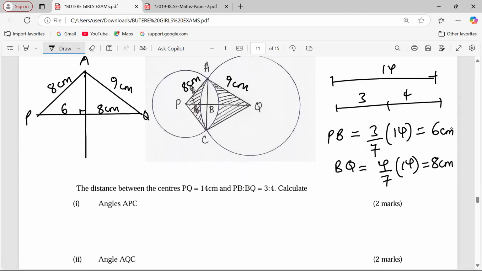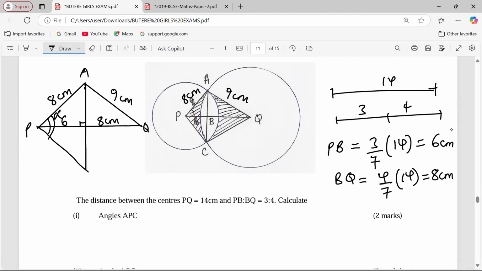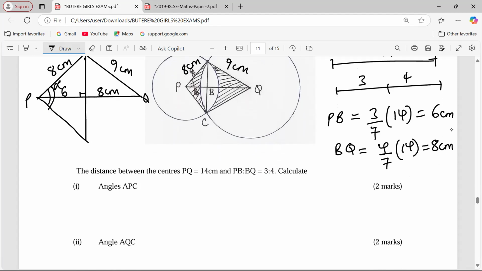The angle APC means the whole of this angle. So you get the alpha first. Let me get angle alpha, the angle APQ first. I'm going to apply trigonometric ratios because the triangle is right-angled. With the hypotenuse of 8 and the adjacent length to this angle of 6, we can apply the cosine of an angle.